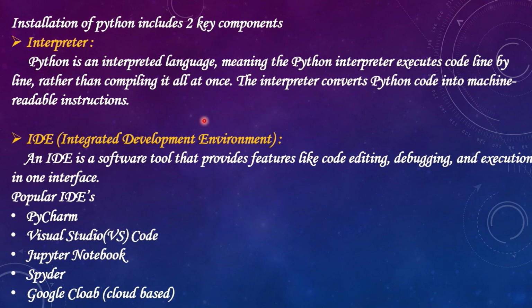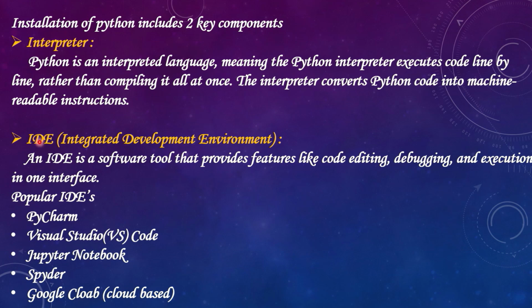So what I can conclude is that the interpreter is the one responsible for converting the source code of Python into machine-level understandable code, or byte code, that a machine understands.